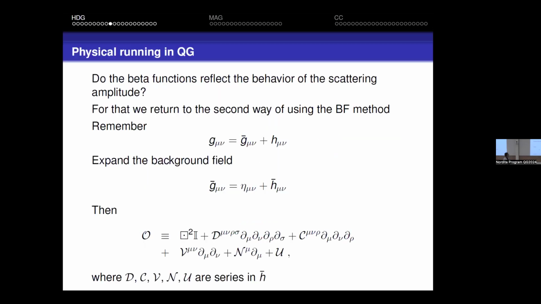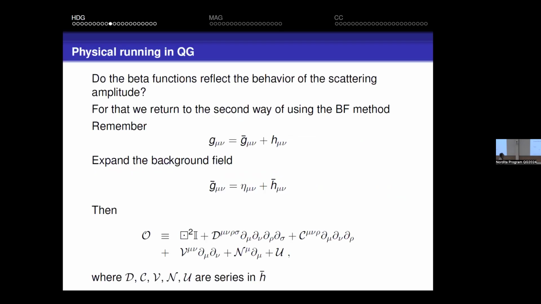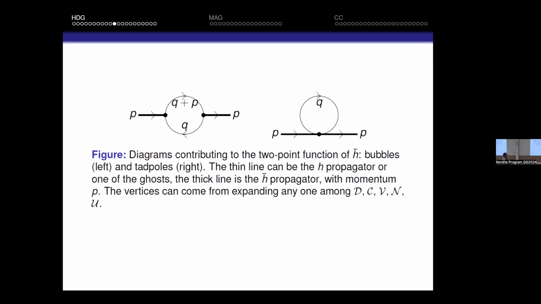Now, if you look at this operator and these diagrams, these vertices are all linear in these objects D, C, V, N, and U. And from the fact that U appears in the beta function linearly, you conclude that it must come from just a single vertex.